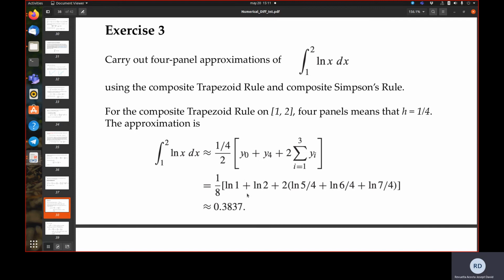And this is going to be equal to this, and then we just multiply by 1 divided by 8, and then we do it, and it's equal to 0.3837.